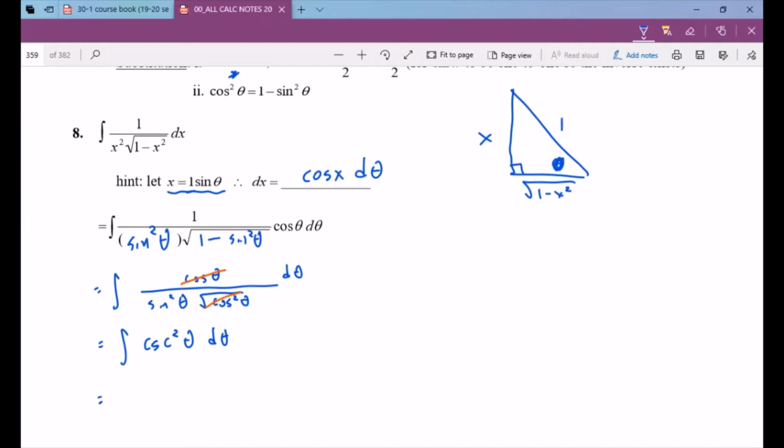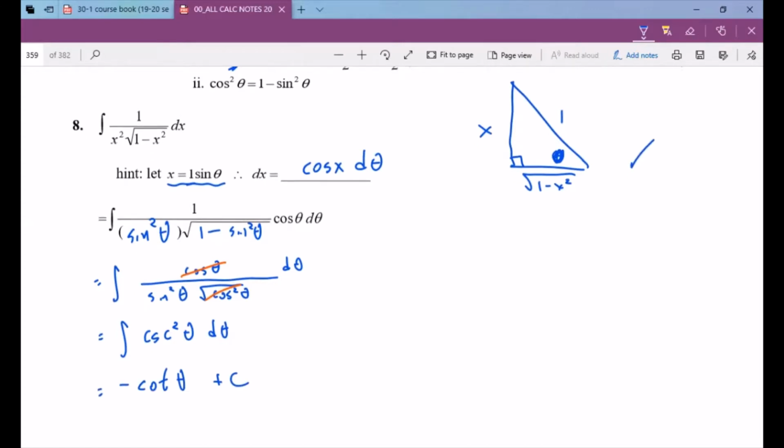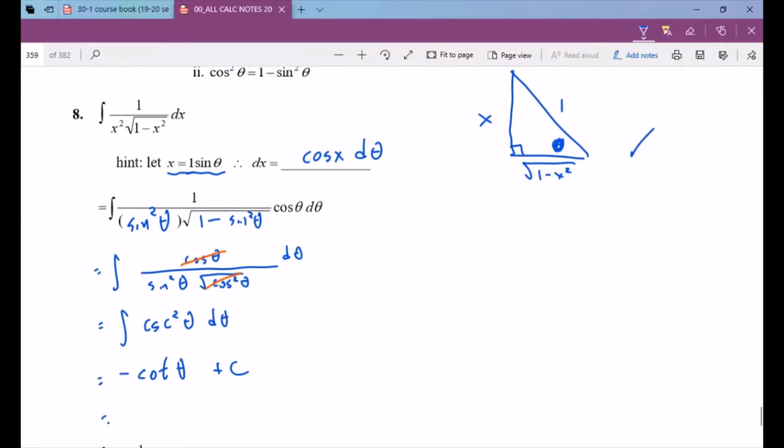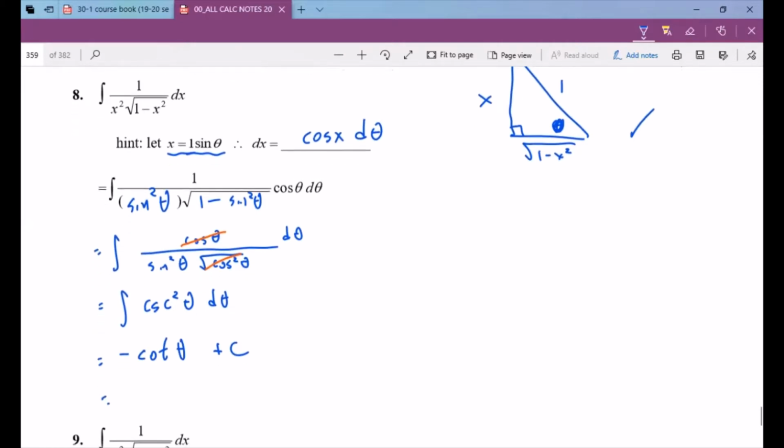The integral of cosecant squared: remember, the derivative of cotangent is negative cosecant squared, so this ends up being equal to negative cotangent theta plus C. But we need this triangle to figure out what cotangent therefore is, and cotangent is adjacent over opposite, so we end up with the square root of 1 minus x squared over x.